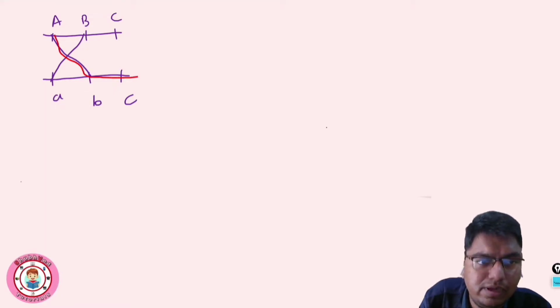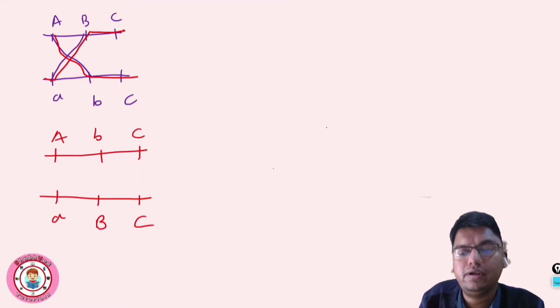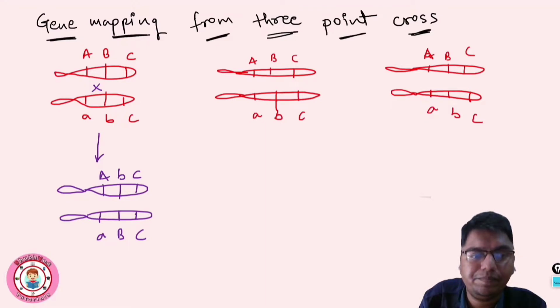So that this becomes capital A, small b, small c, and here again, small a, capital B, like this is the row. Got it? This is how we got this.